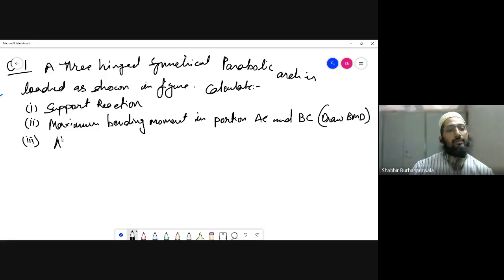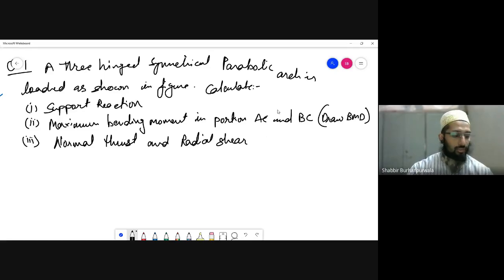Then third is normal thrust and radial shear force at D. Okay, so this is the question. Also the diagram is given in the problem. So let us make the diagram.